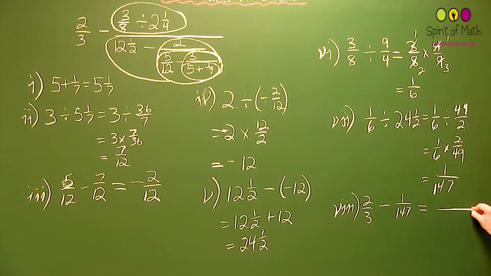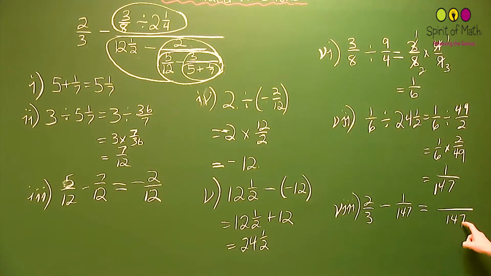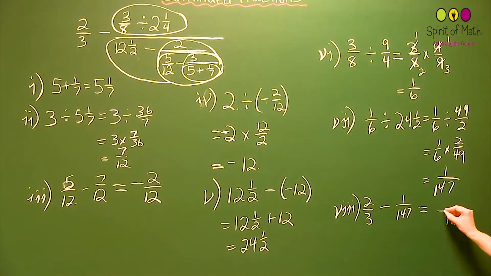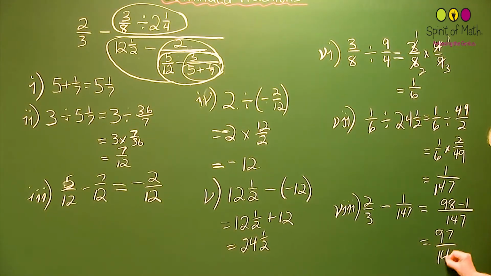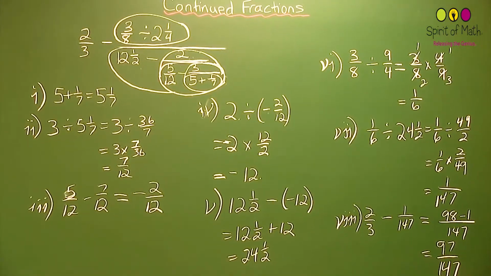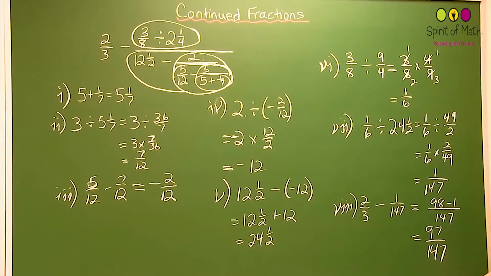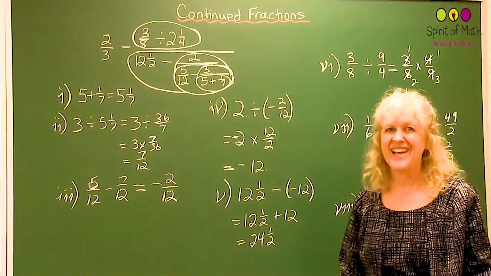So that's the common denominator, the LCM, and so you multiply this by 49, which is 98, minus 1, and you've got 97 over 147. Phew, we got it. Now, isn't that a neat question? And when you get the final answer, it's pretty nice. Good luck.